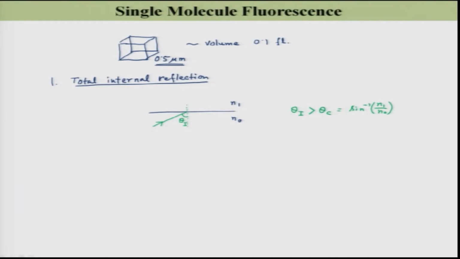So, the beam will be reflected in this way. All the incident light will be reflected if it satisfies the total internal reflection condition.